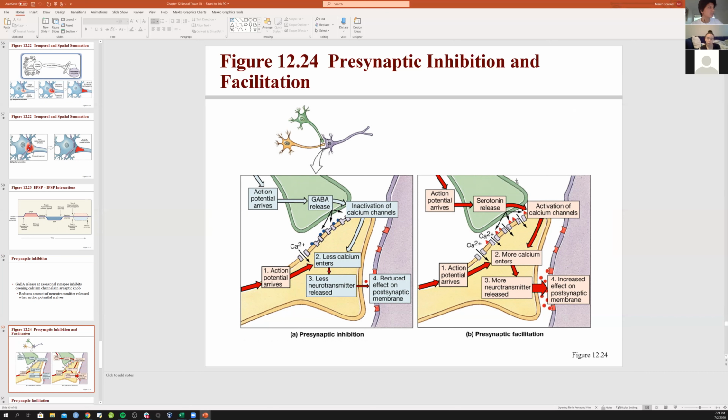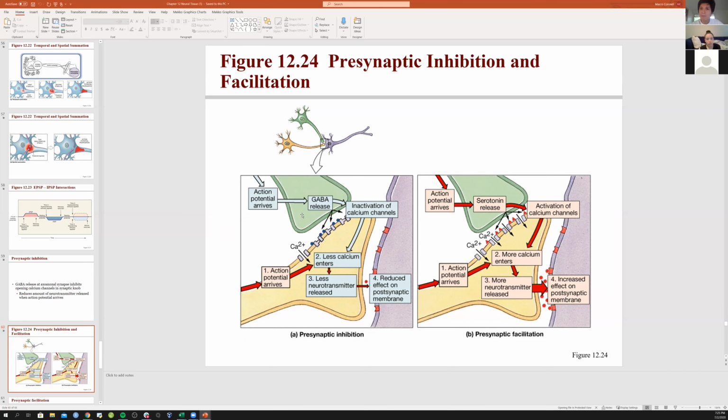We mentioned that an action potential reaches the axon endings, right? And usually that opens voltage-gated calcium channels. What happens whenever voltage-gated calcium channels open? Calcium goes in. What happens when calcium goes in? Vesicles fuse. You have the firing of an action potential.